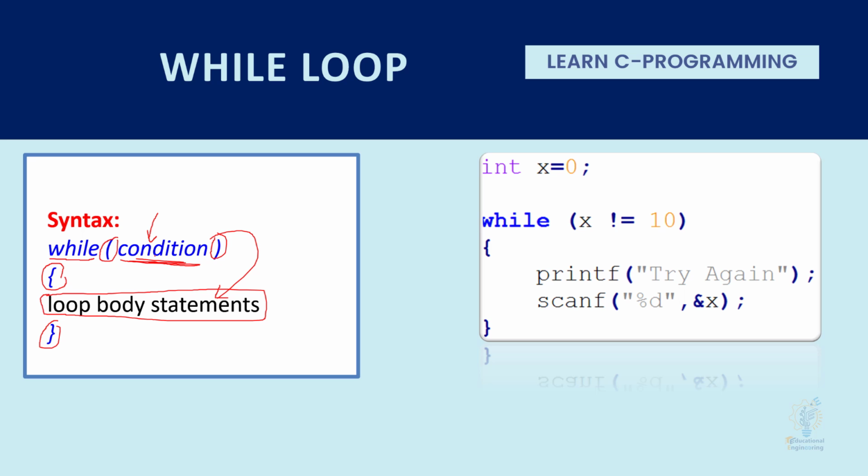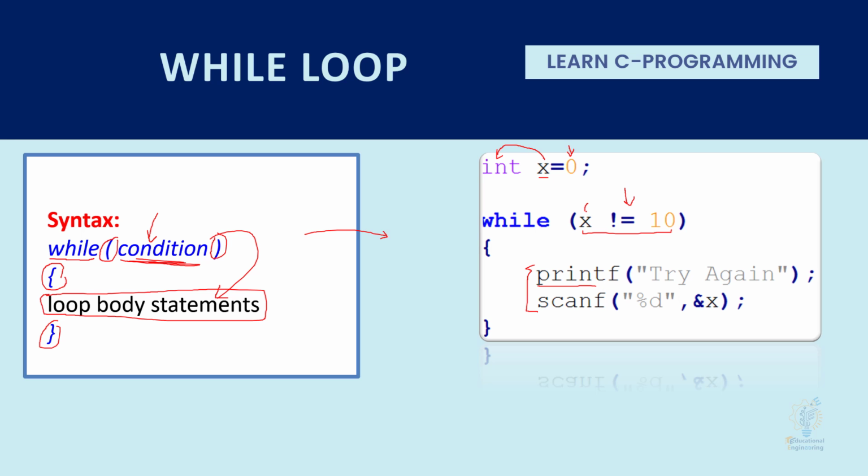Now, one example for using the while loop is this example. As you can see, we created a variable, named it x, type integer, with an initial value of 0. Now, while x not equal 10, which is the condition, it will keep printing; this is the code that will be executed.